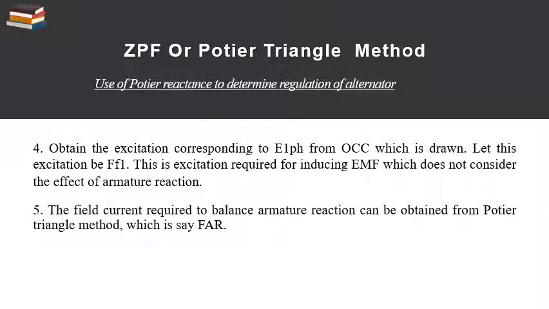The field current required to balance armature reaction can be obtained from Potier triangle method, which is say FAR. So FAR is equal to PS is equal to AC. डायग्राम में जो हमने PS वैल्यू बनाई है वो और AC जो वैल्यू हमने बनाई है वो इक्वल है.